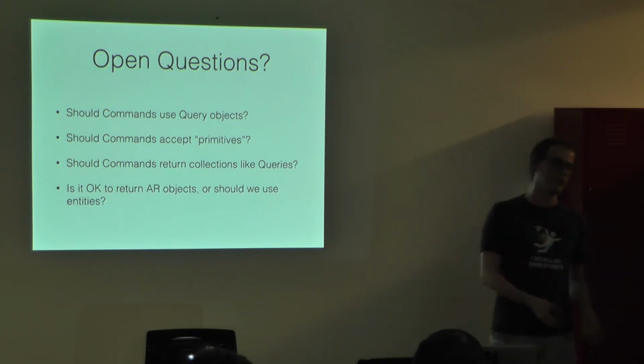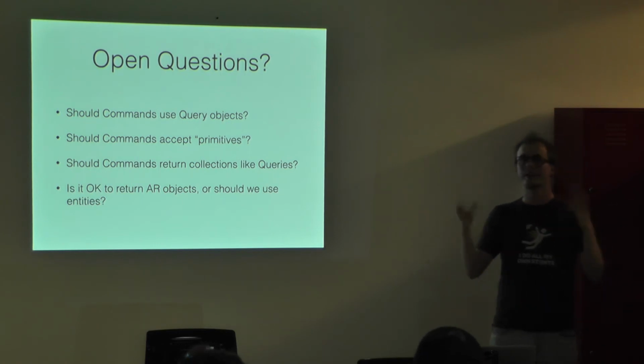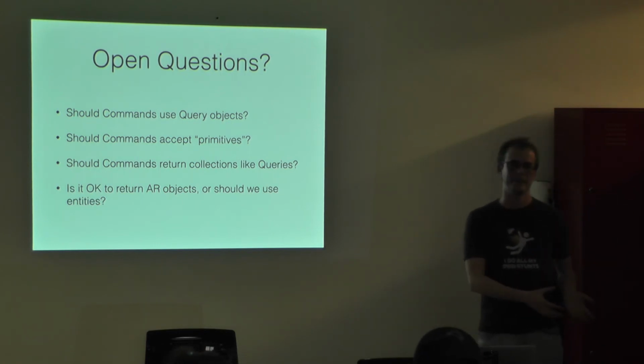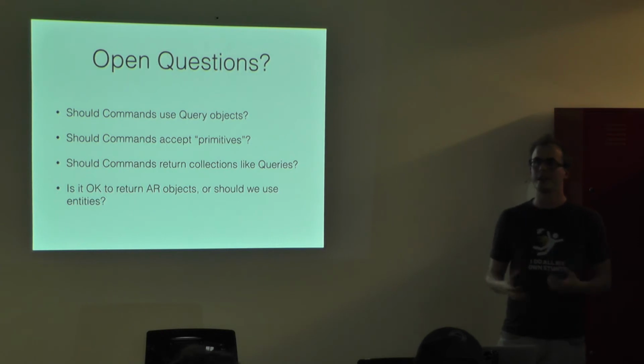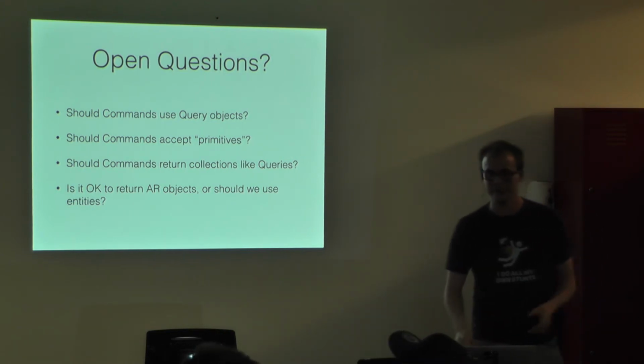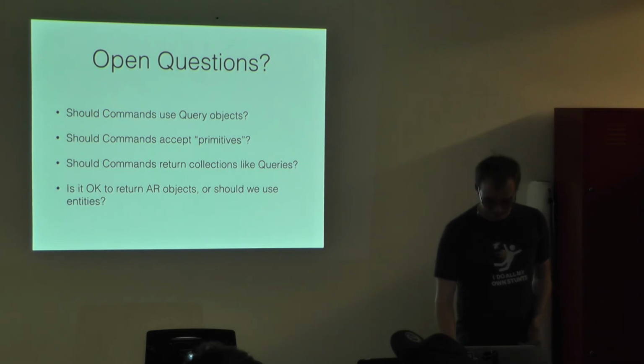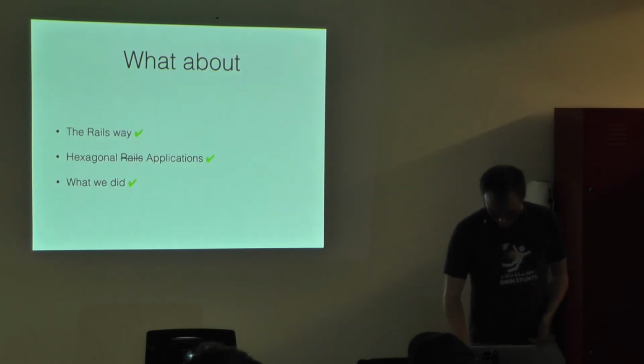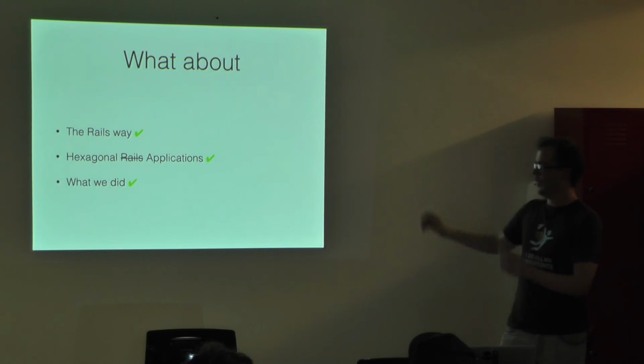Maybe we want to do what the hexagonal Rails thing does, and just return entities. We were initially thinking of just returning an array of hashes all the time and not dealing with it. But that's really, really difficult for dealing with migrating such a big application. So, check what we did.